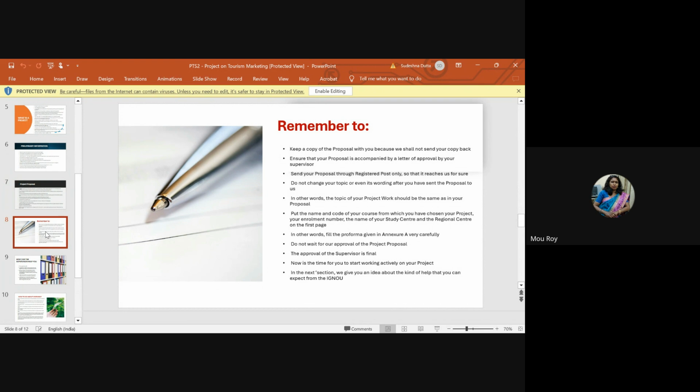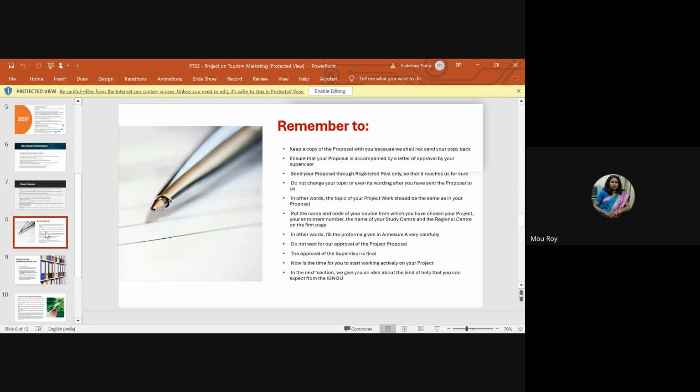Otherwise these proposals are to be sent by registered post, but for you all, it has to be uploaded on the website, the LMS I mentioned. It is some learning management system. So you kindly explore those, then you'll come to know. So keep a copy of the proposal with you, because IGNOU will not, but for you it is different.